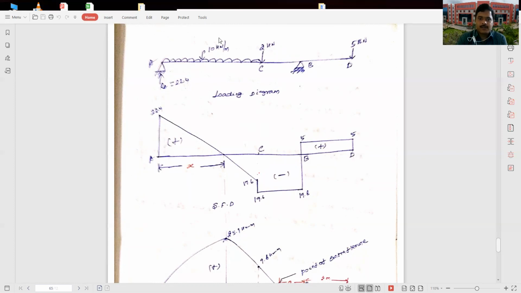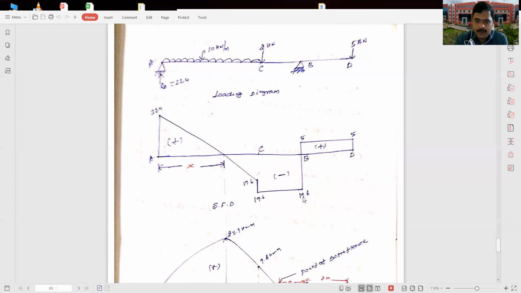Then because of this UDL, if you take a section and the f of x equation, and substitute x equal to 4 meter, C point, you will get minus 17.6. Then because of this minus 2 kilonewton, minus 17.6 minus 2, minus 19.6 downward. Then between C and B there is no force, therefore it continues up to the point B. Then at B point the RB value is 24.6.